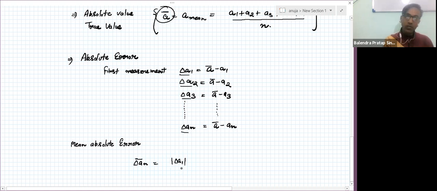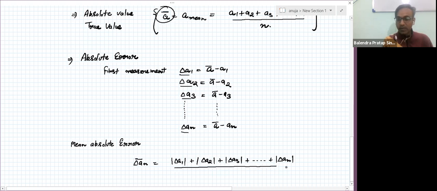As you know, your error can be positive or negative, but here we will take the magnitude, or mod, of all the values. Delta A1 plus delta A2 plus delta A3 plus up to delta An, divided by small n, the total number of measurements. So this is the formula for finding the mean absolute error.